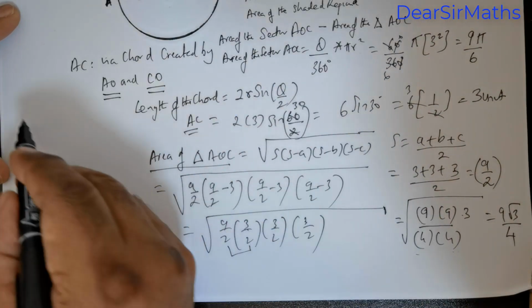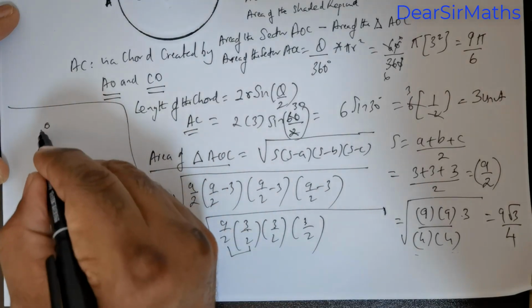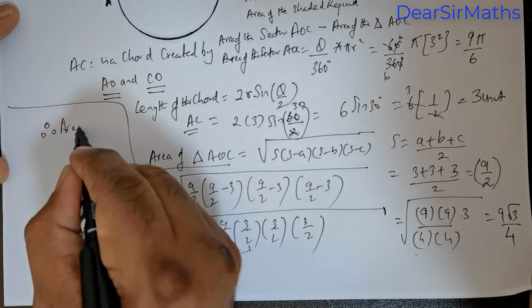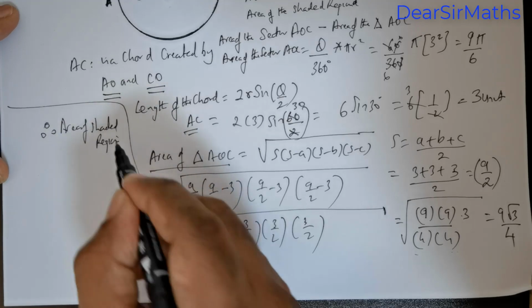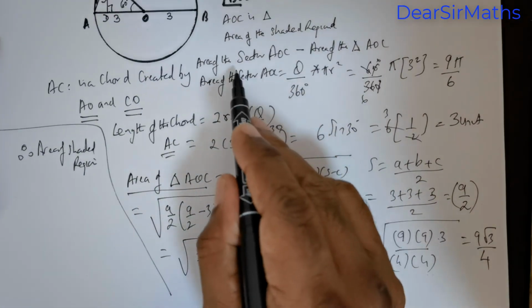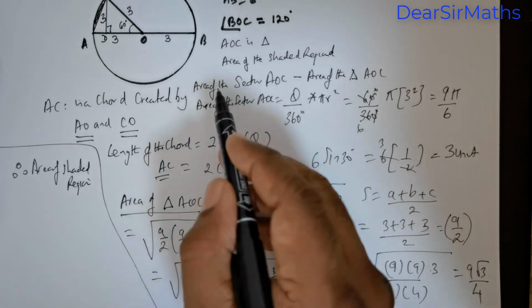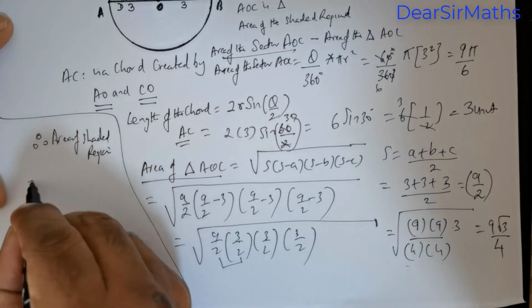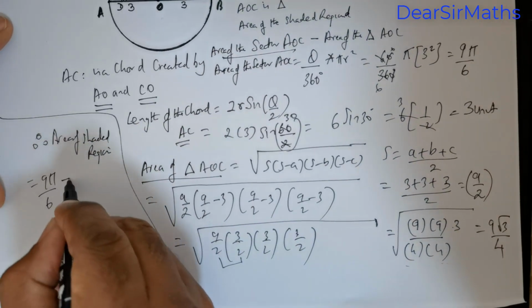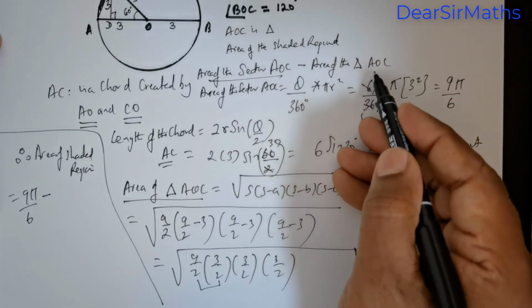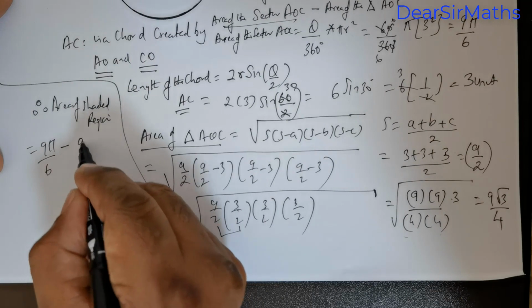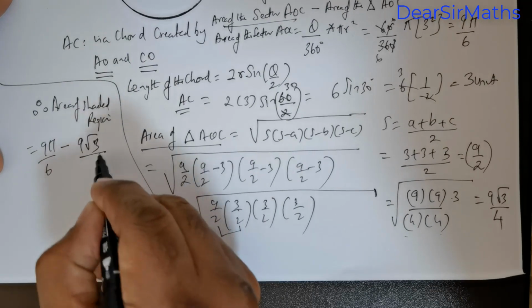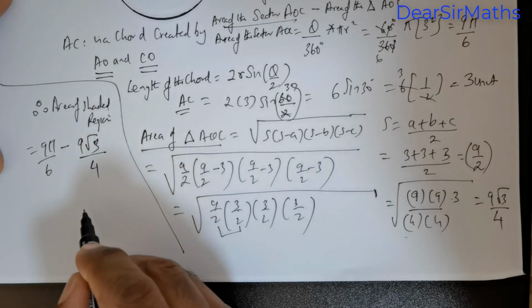So 9 times root 3 divided by 4, this is the area of AOC. So coming back to the shaded region, therefore area of shaded region. So what is the shaded region? Area of the sector, right, which is equal to 9 pi divided by 6 minus area of triangle AOC, which is obtained as 9 into root of 3 divided by 4.